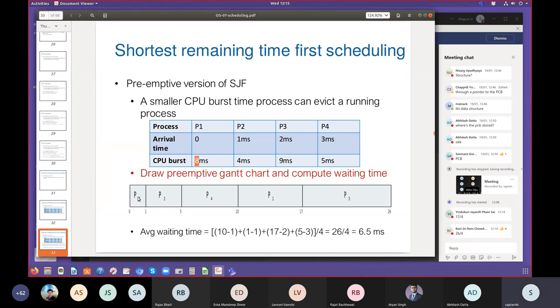P1 has already run for 1 millisecond, therefore it is 7, and the others are 9 and 5. So naturally P4 is given the chance. Then P1 because it had 7 milliseconds left, and finally P3. So this is what you get.